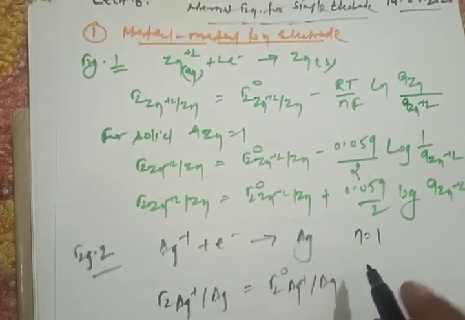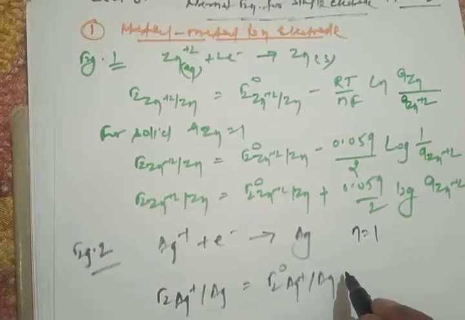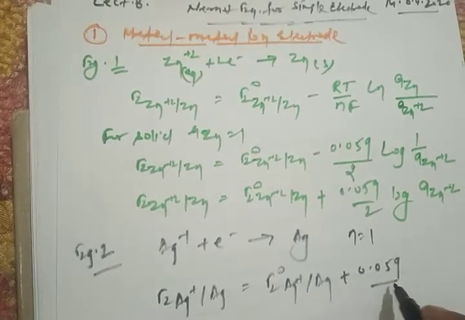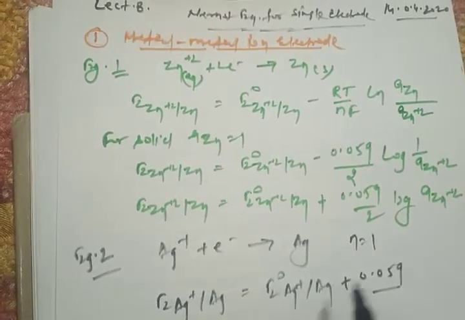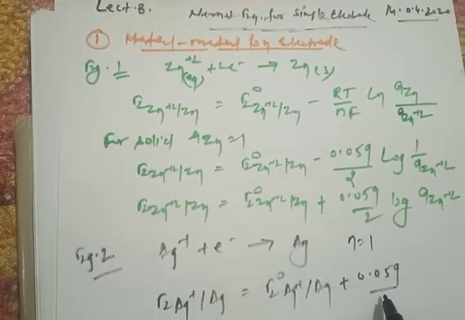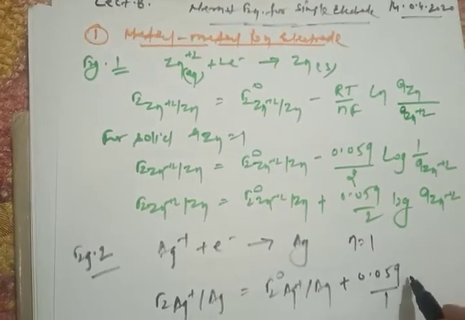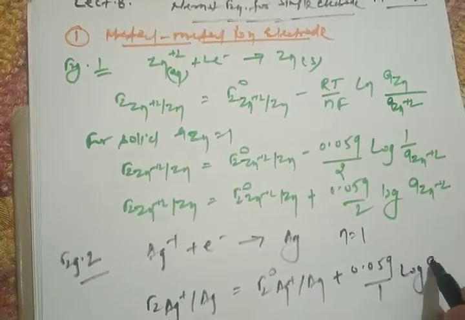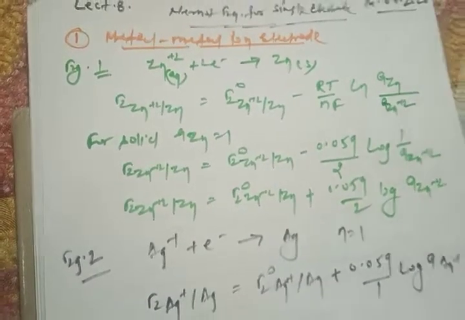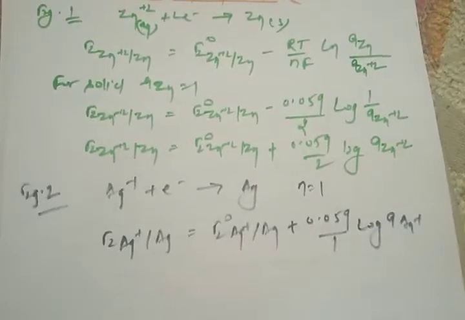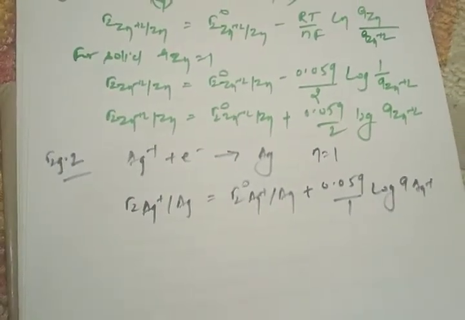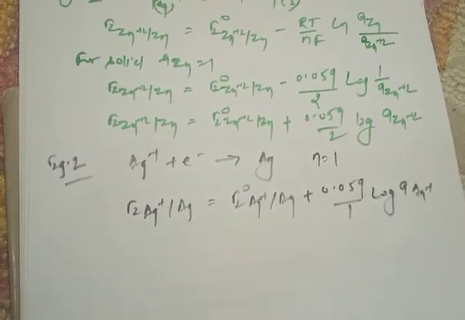So this will be plus 0.059. Here we have only 1 electron, so the value of n is 1. So upon 1 and log a Ag+. So this is how you can calculate the EMF of a metal ion.